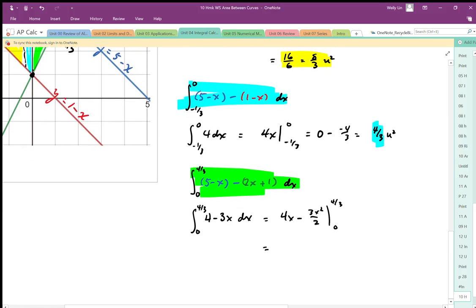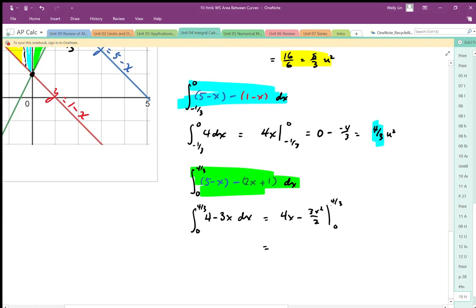And that's going to give us 16 over 3 minus 16 over 6, which is 48 over 18, which is 16 over 6.